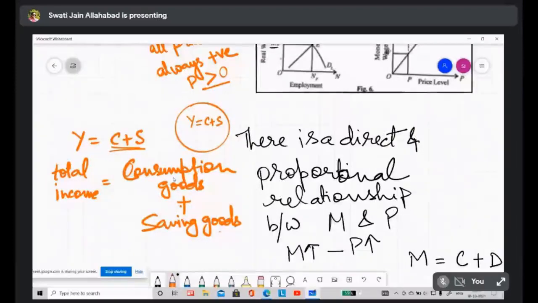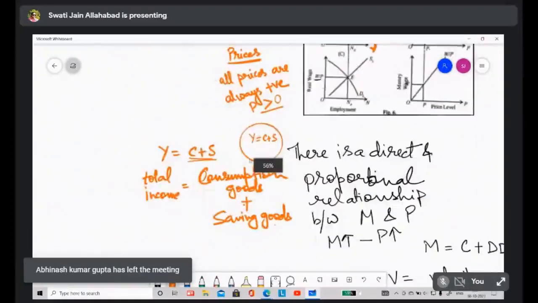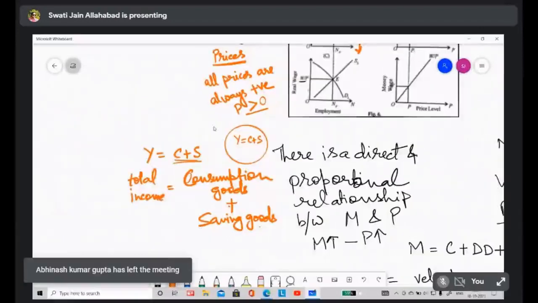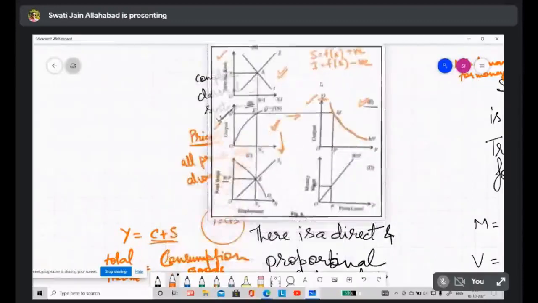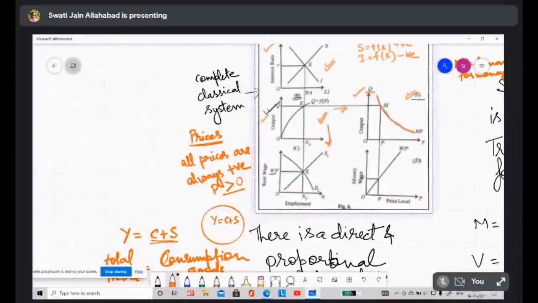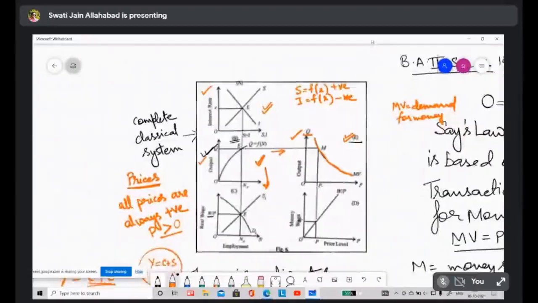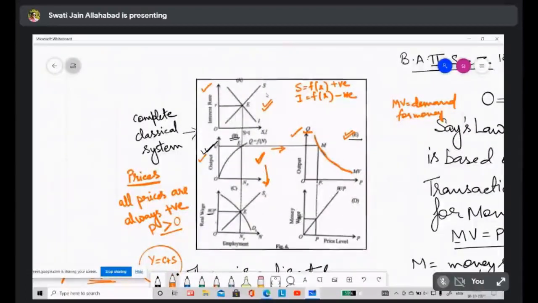Now when output takes place, either it is demanded in the form of consumption goods or in the form of saving goods. That's how J.B. Say says that supply always creates its own demand. And again, automatic adjustment will take place in this savings and investment situation also. Every time the interest rate goes up, saving goes up, and when the interest rate comes down, savings comes down.